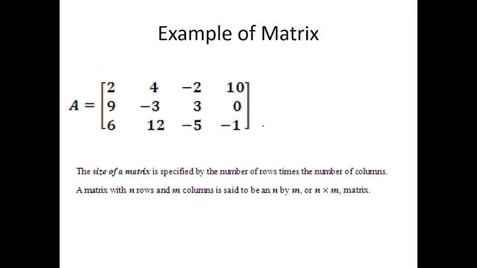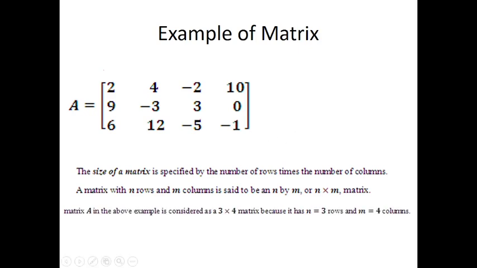Therefore, we can say that this is a 3 by 4 matrix because it comprises 3 rows, row 1, row 2, row 3, and 4 columns, column 1, column 2, column 3, and column 4.